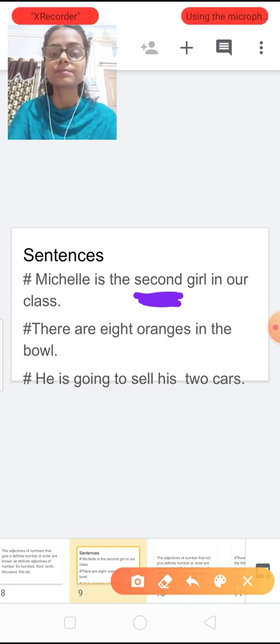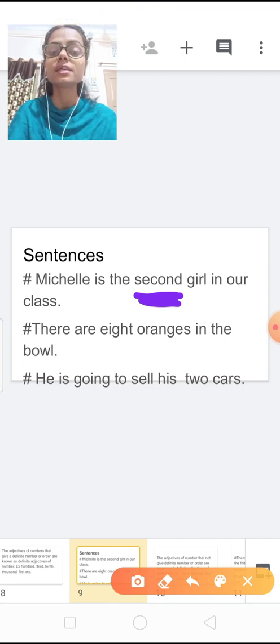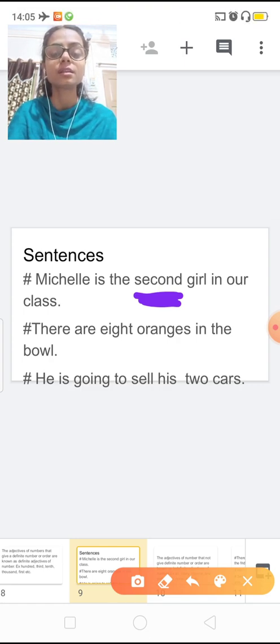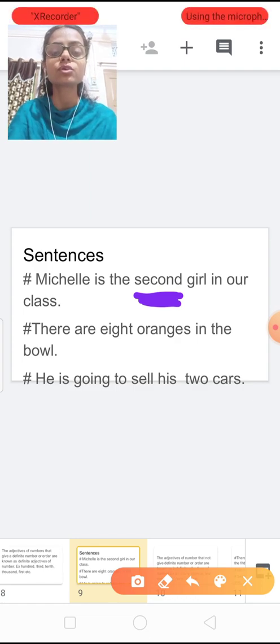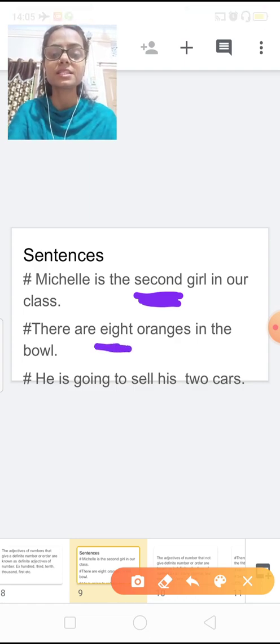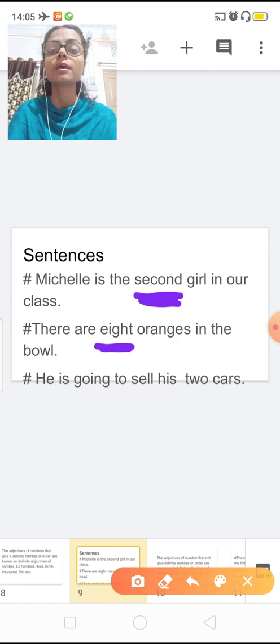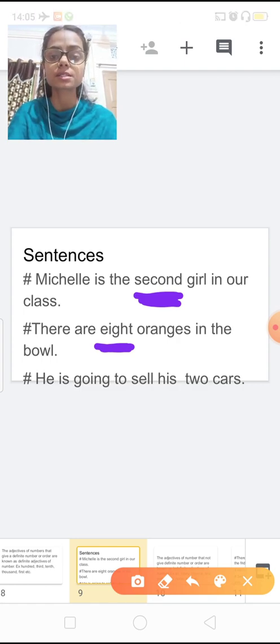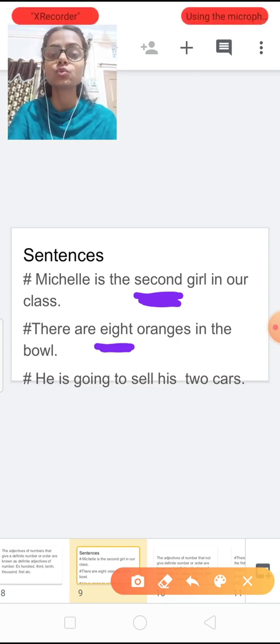Second sentence, there are 8 oranges in the bowl. So here what is the exact number? 8. Third sentence, he is going to sell his 2 cars.